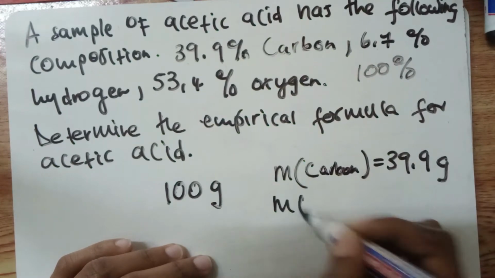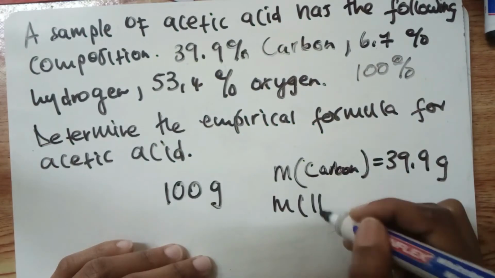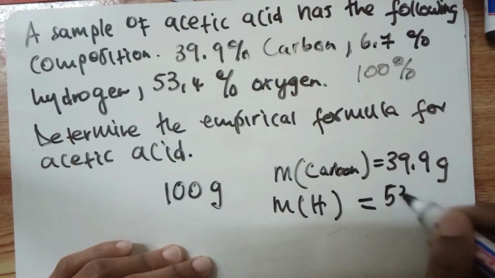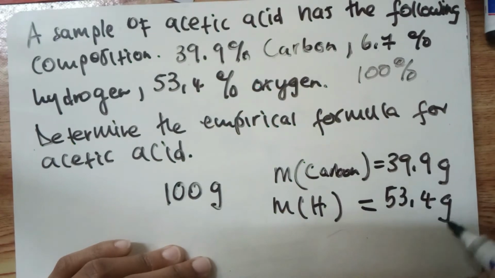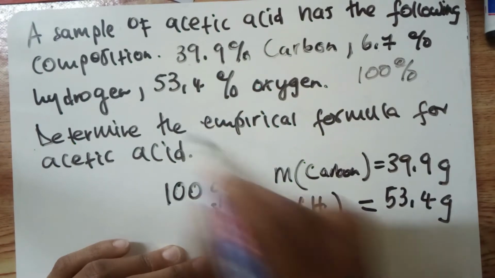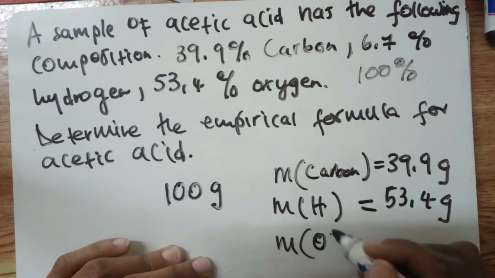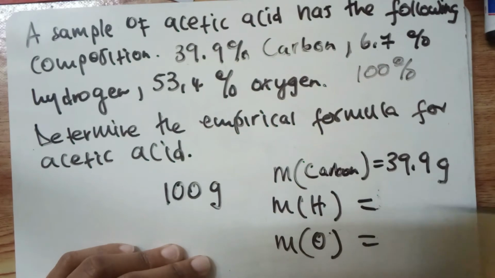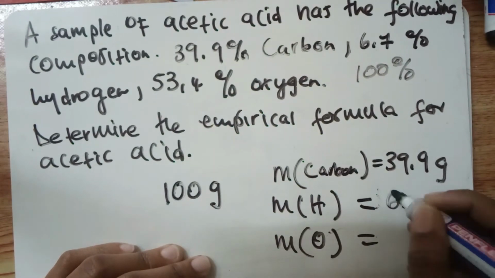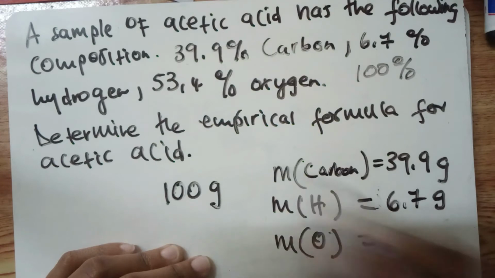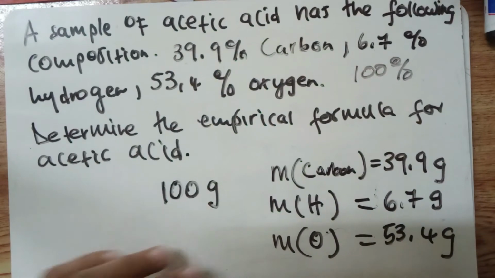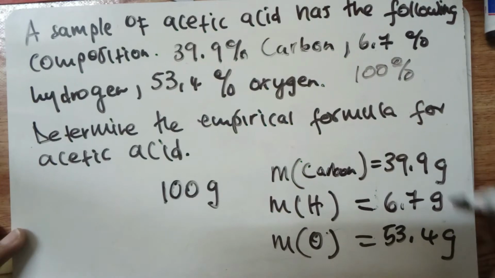And then the mass of hydrogen would be 6.7 grams, and finally the mass of oxygen will be 53.4 grams. Cool. And now we have the masses.